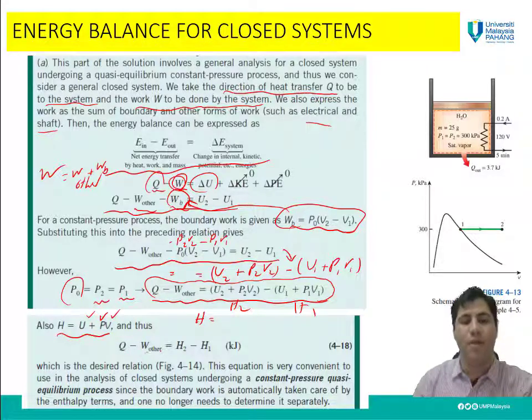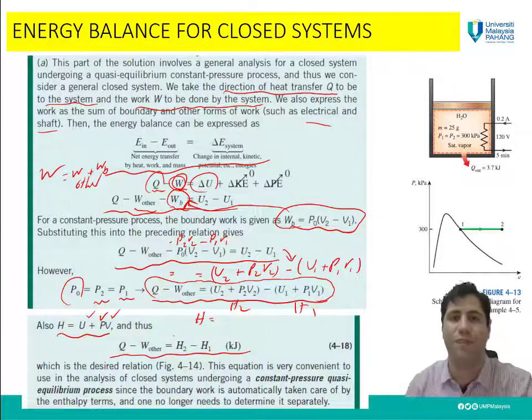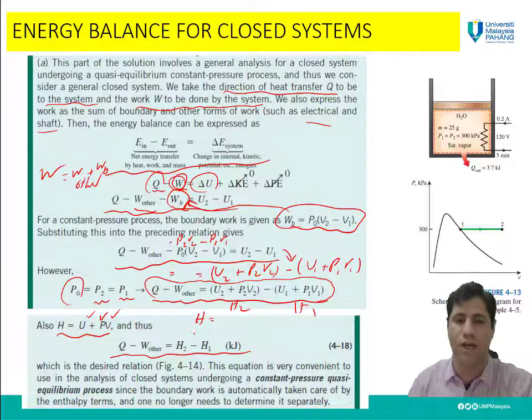So Q minus W other will be equal to H2 minus H1. Simply the change in the energy of the system can be found if we just know the change in the enthalpy of the system. So for a constant pressure process, we need to just know the enthalpy of the system, or change in the enthalpy of the system.